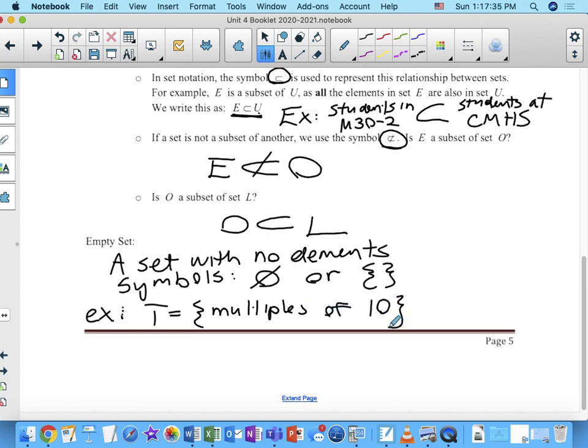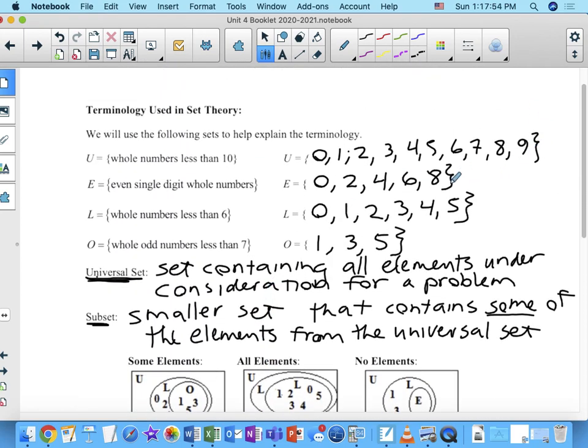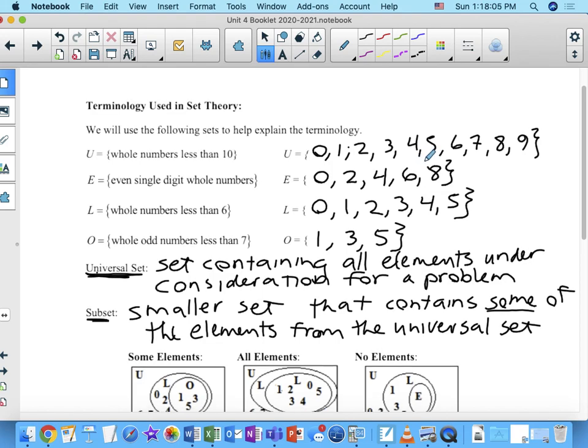Well, if U is my universal set in this example, then set T is empty because multiples of 10 start at 10, 10, 20, 30, 40, 50, 60, etc. None of those are in the universal set because the universal set only goes up to 9. Okay? So if we're using the same example and U is the universal set, which are all of the elements under consideration, then set T would be empty because there are no multiples of 10 in this universal set.